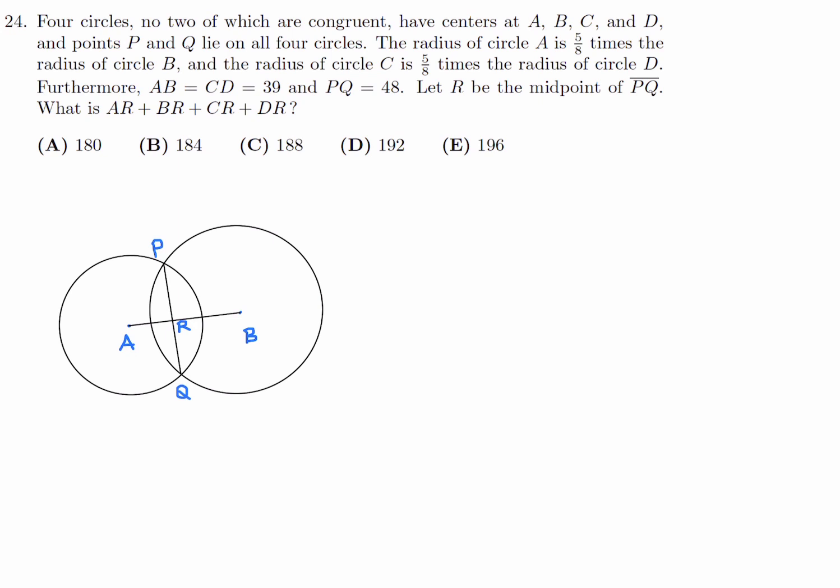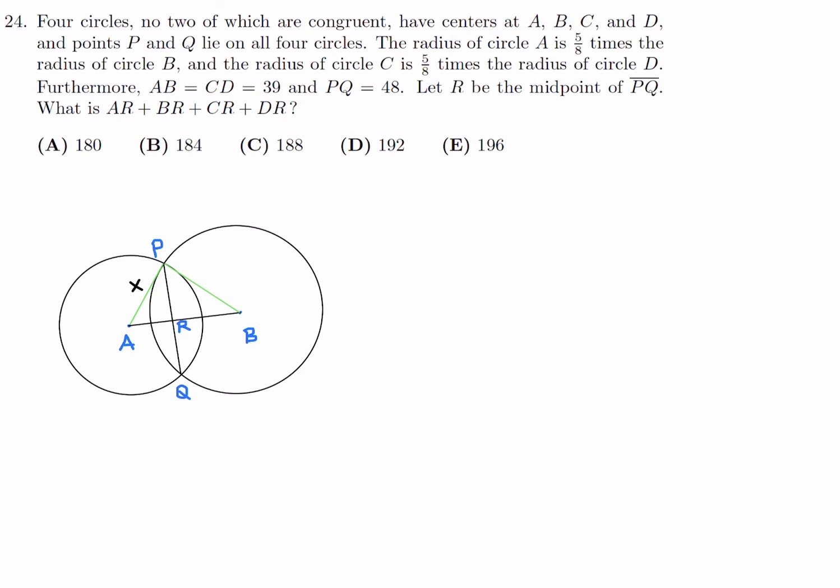Now I will start to label a few things. I need to join a few lines here first. A needs to be joined to P. B needs to be joined to P. And now I think I'm ready to label. A to P is the radius of that circle, so I'll just call it x for now.